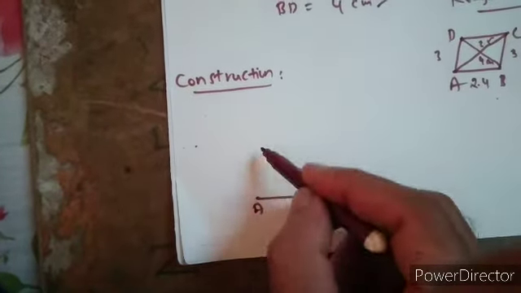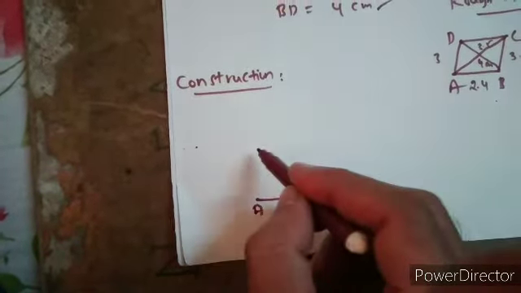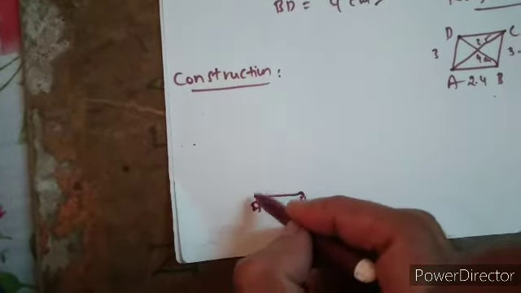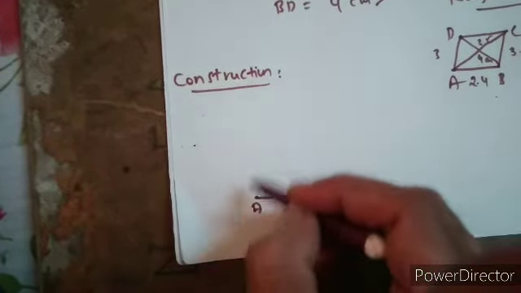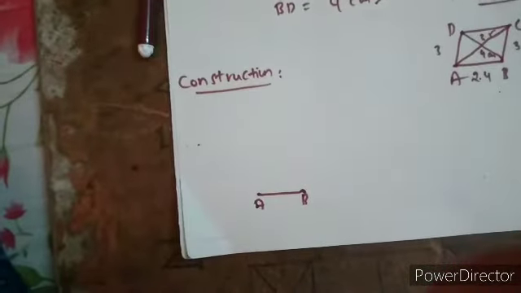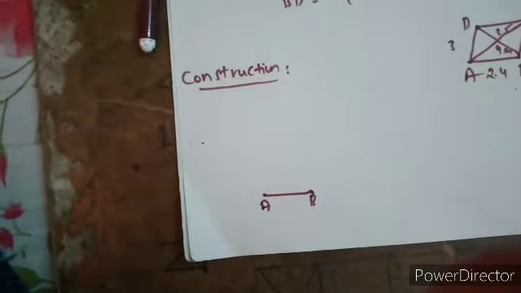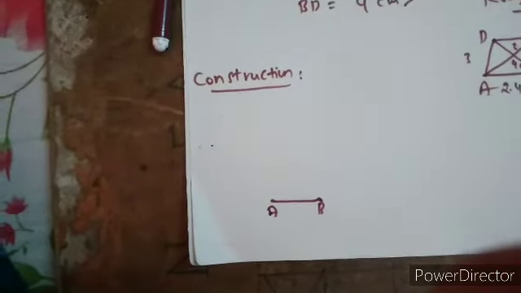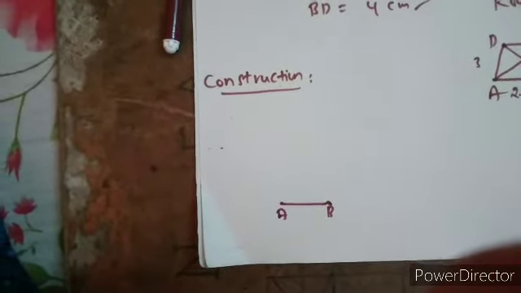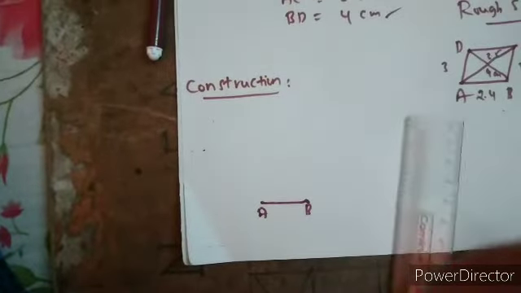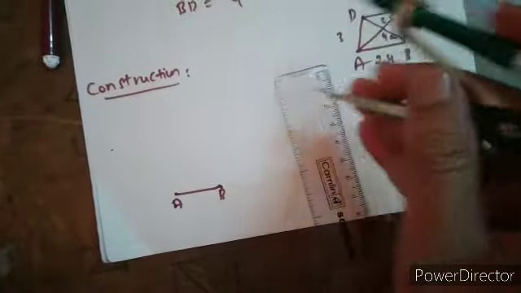So we'll go for AD and BD, so that we can finish the triangle part. So let us take the measurement of AD. How much is AD? Yes, 3 centimeters.